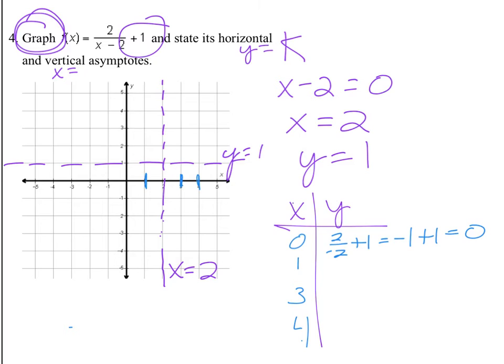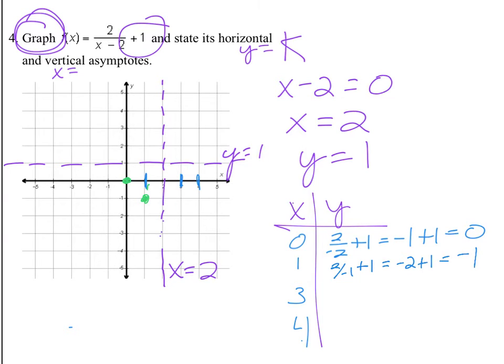There we go. Okay. I go through 0. Now, if I plug in a 1, I get 2 over 1 minus 2, which is negative 1. So that gives me negative 2 plus 1, or negative 1. So 1 gives me negative 1.